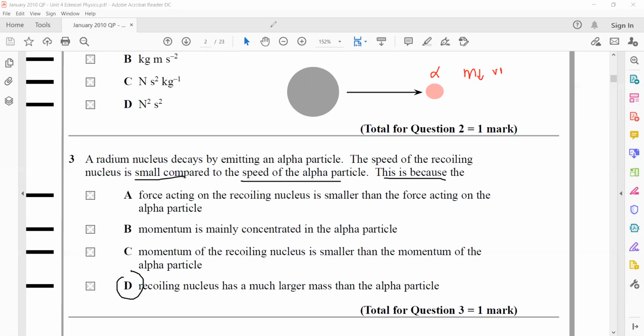But the recoil nucleus, as the alpha particle is released, will move in the opposite direction, with the same momentum. But why is it recoiled with a smaller speed? Because it has greater mass compared to the alpha particle, so it will have a smaller speed. That's why D is the correct answer.